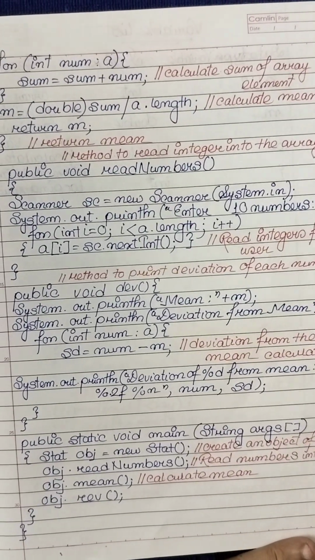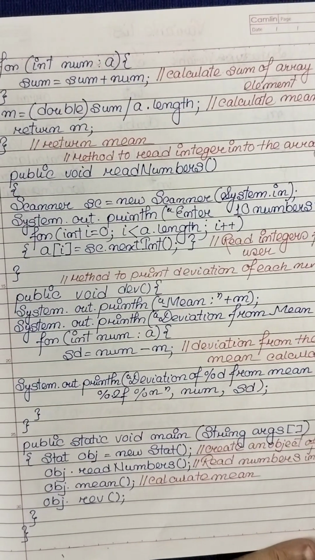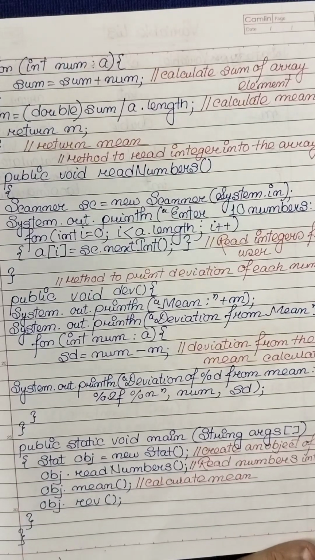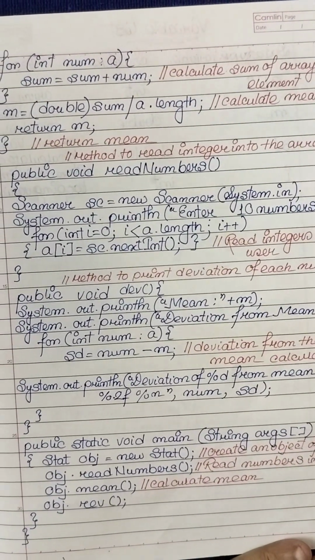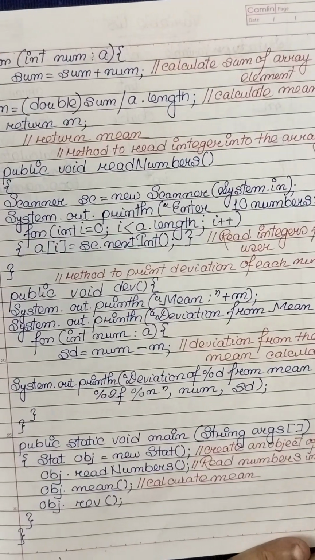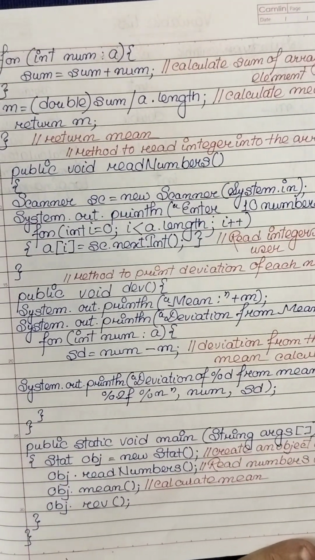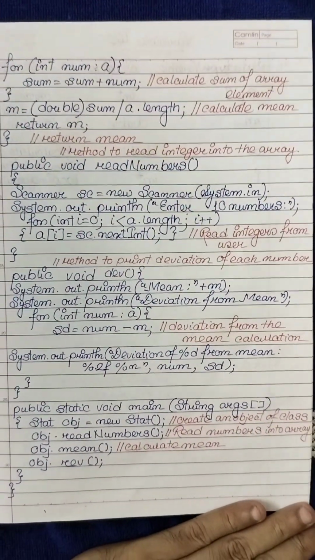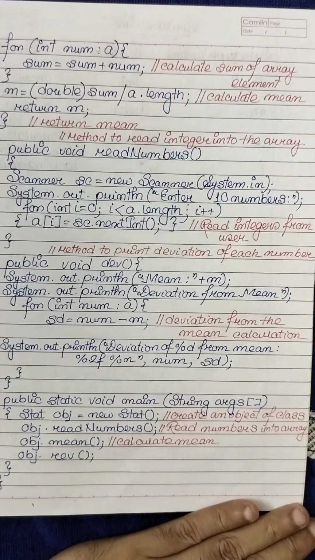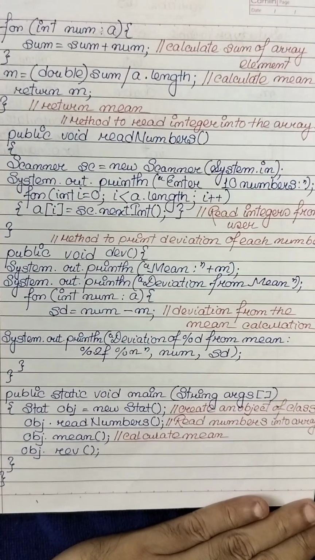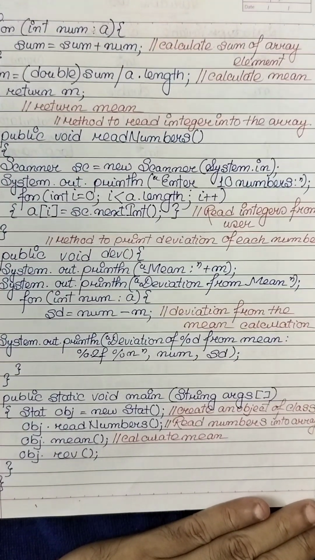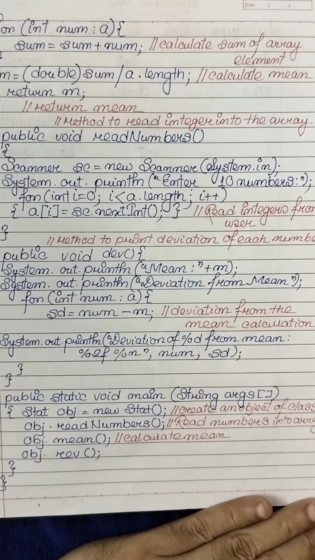Next, method to read integers into the array. Public void readNumbers. We are taking the Scanner class: sc is equal to new Scanner(System.in). We are creating an object of the Scanner class, that is sc. System.out.println enter 10 numbers. Now we are going to input 10 numbers.